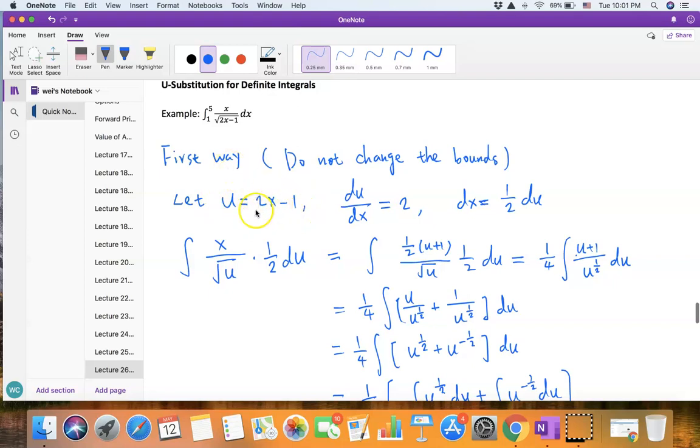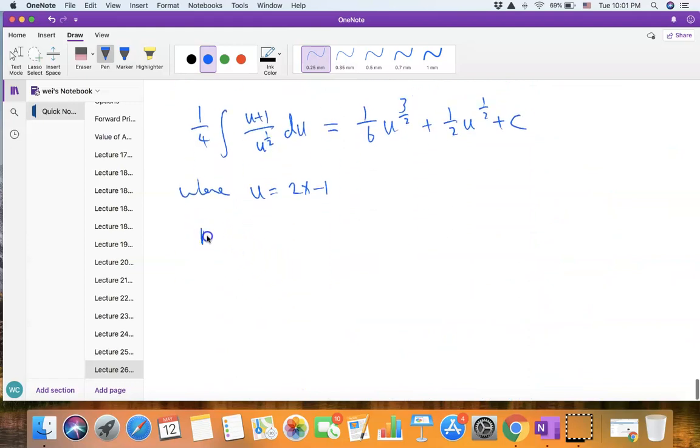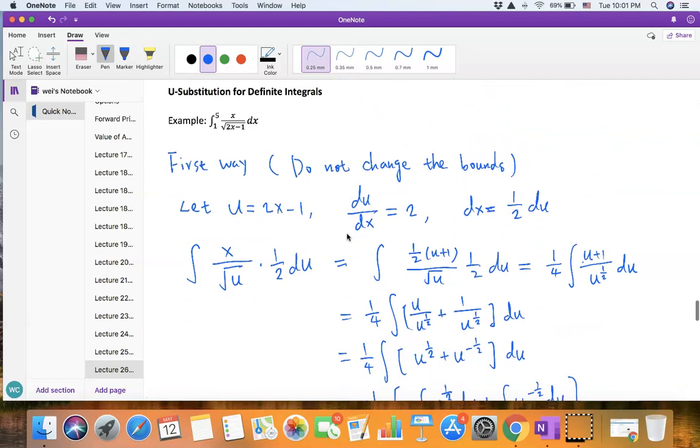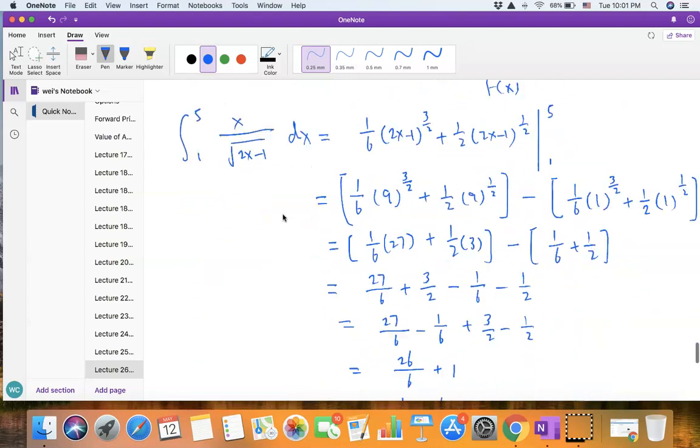So the new lower bound is when x equals 1. So if x equals 1, 2 times 1 minus 1, that will give us the new lower bound.